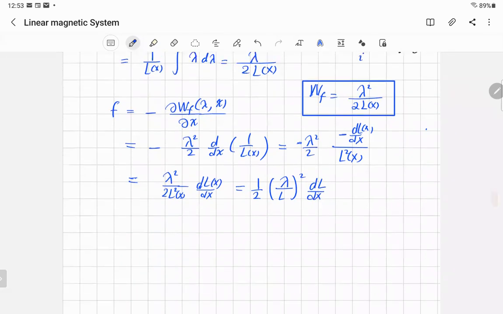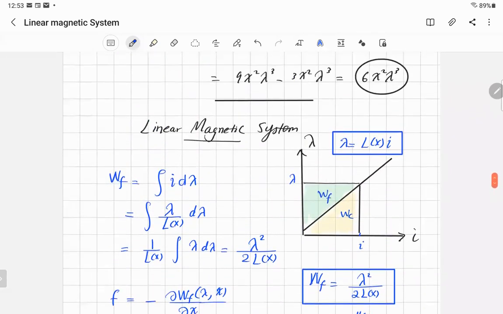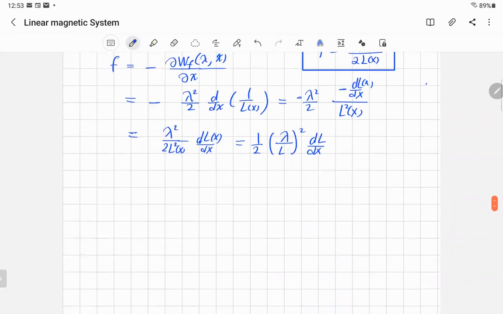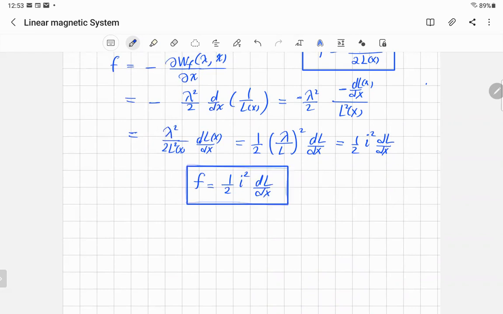What's lambda over L? Lambda over L is equal to I, right? So I can replace this bracket by I. So you have half I squared dL by dx. So the force we just found here is equal to 1/2 I squared dL by dx in a linear magnetic system.